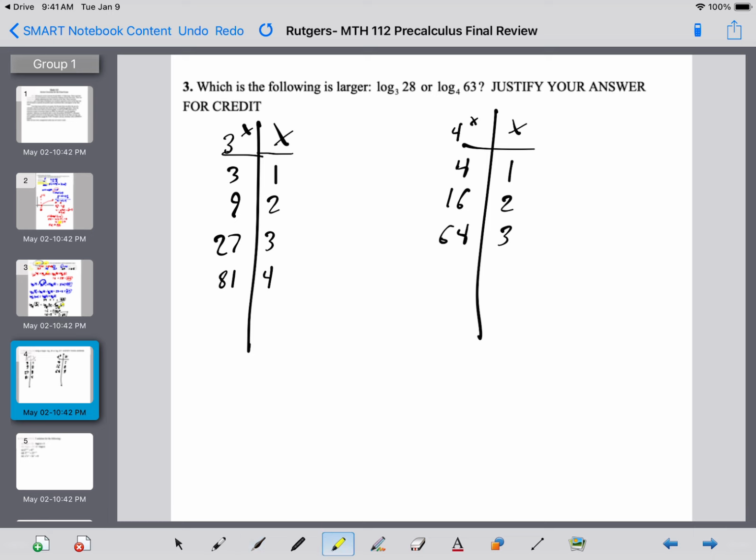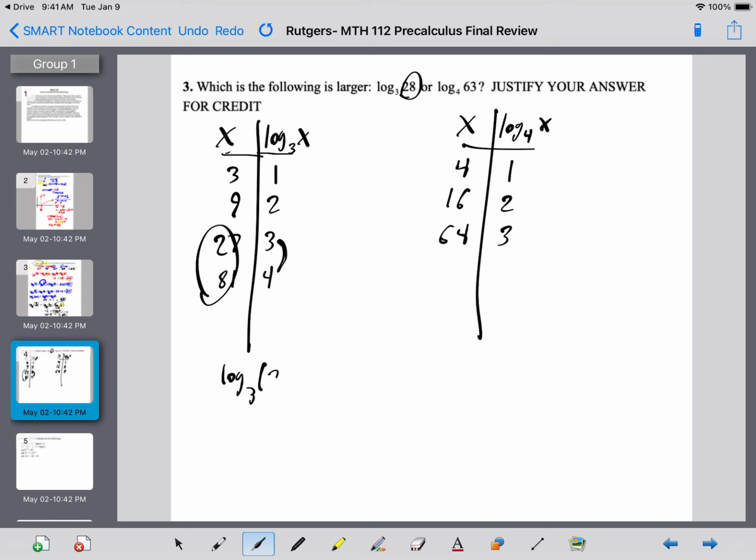Okay? So if I wanted to rewrite this as my logarithms, I would switch my input and my output. So now these are my x's, or my inputs, and these would be my outputs. That's why I wrote it in that order. All an inverse is switching x and y. So 28 would fall between 27 and 81. So the log would give you something between 3 and 4.